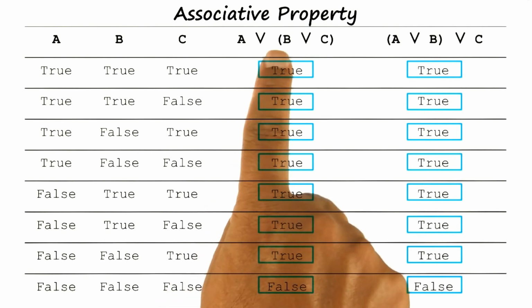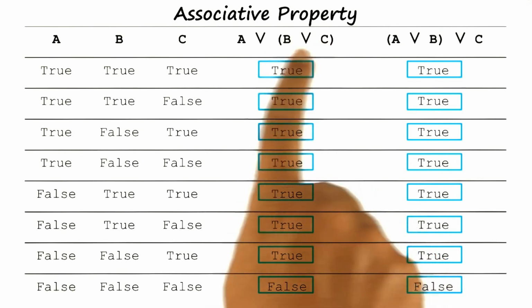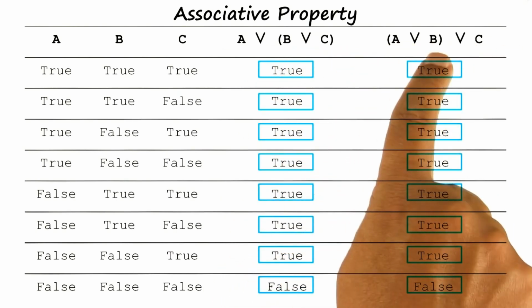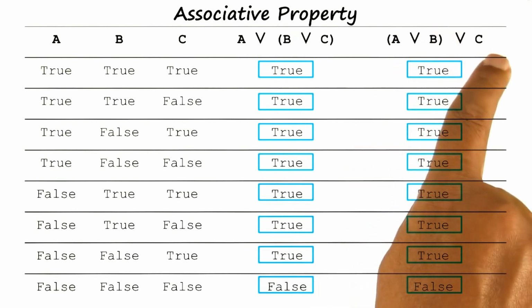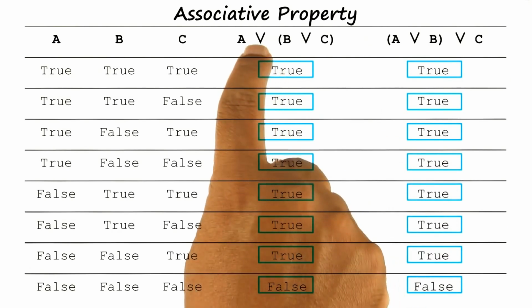The associative property simply says that we can change the location of the parentheses here: A or (B or C) has the same value as (A or B) or C, so that we can change the location of the parentheses. The same would have been true if these were both conjunctions.